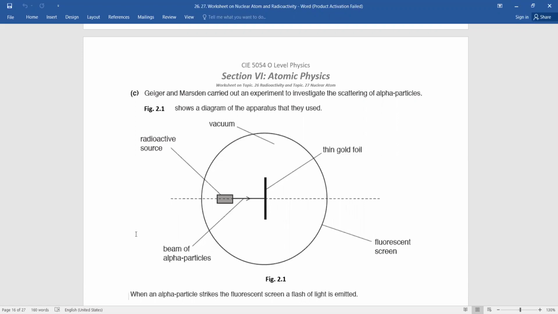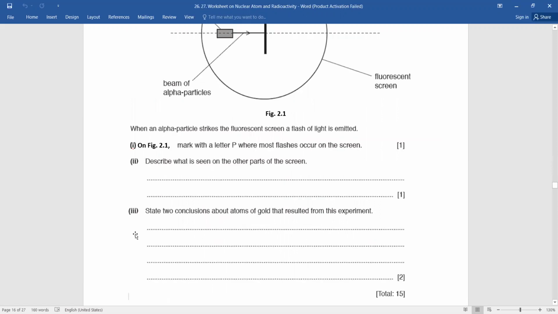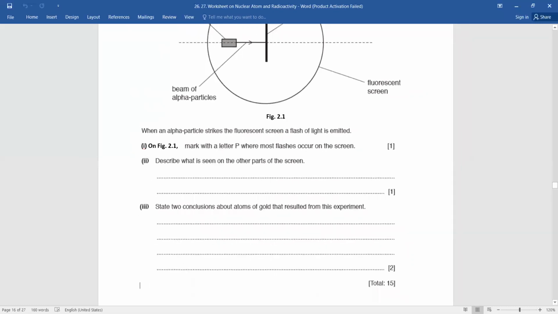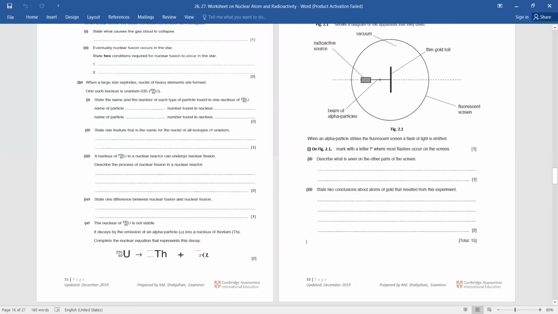When an alpha particle strikes the fluorescent screen, a flash of light is emitted. On figure 2.1, mark with the letter P where most flashes occur on the screen.